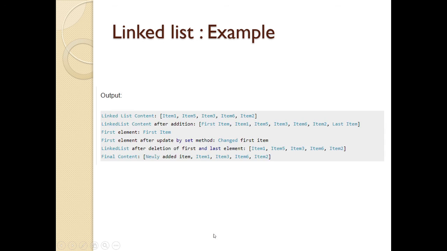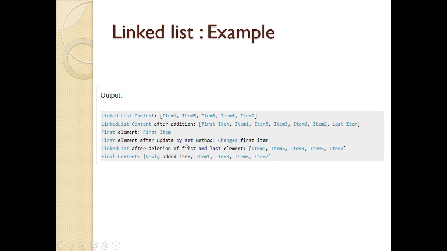So based on this example, this is the output we are going to get. The linked list which was initially created will have the items item 1, 5, 3, 6 and 2. Then I have added the first element and the last element. So look at the list now. There will be a first element inserted before item 1 and a last element inserted after item 2. Then they retrieve the first element, so it retrieves the first item.